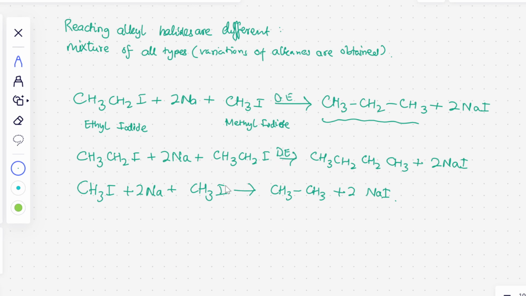Therefore, it is crucial to note that even if Wurtz's reaction could produce unsymmetrical alkanes with odd number of carbon atoms, it is not very suitable for preparation of such alkanes because there would be a mixture and it would be very difficult to separate such a mixture from its constituents.